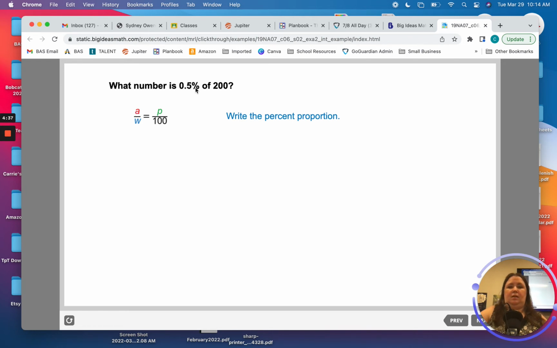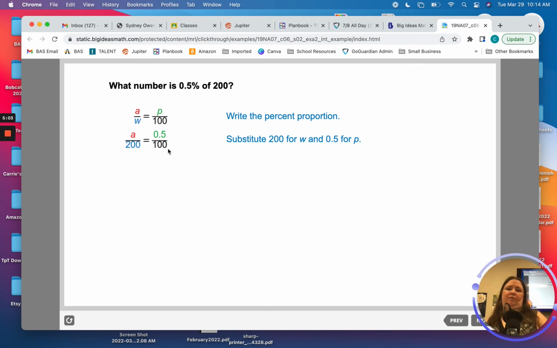The percent goes where P is. You just need to change this to a decimal, not a percent, so it'd be 0.5. Once you have it written in your proportion, how would I solve for A? Cross multiply and divide.